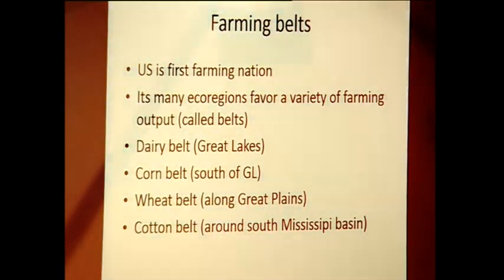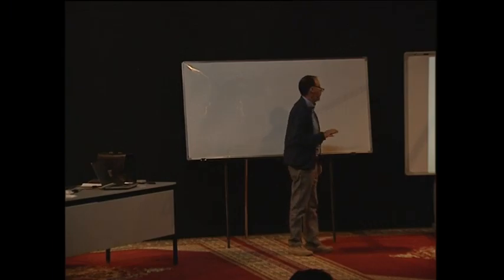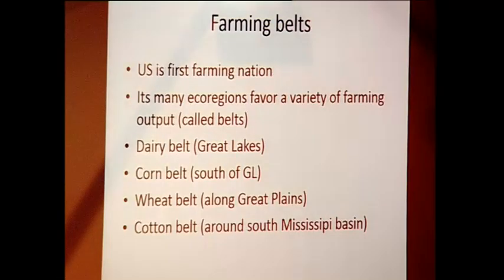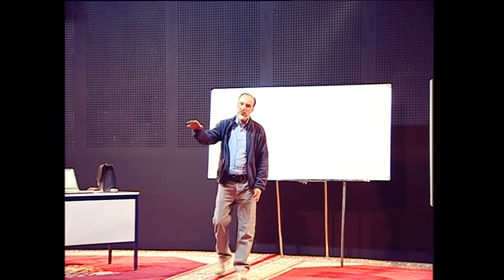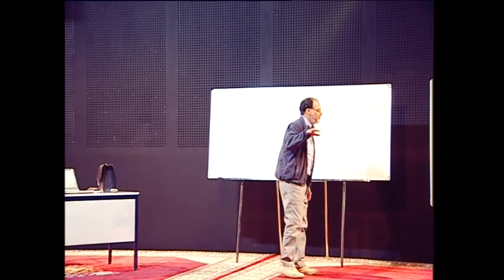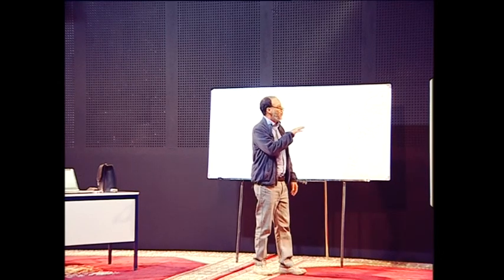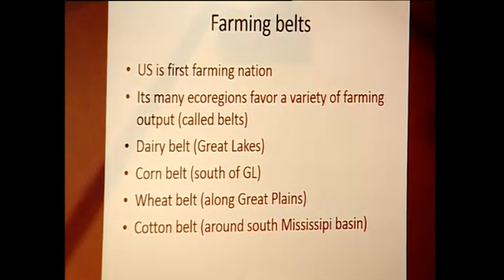Now farming, okay? The US is the first farming nation in the world. They produce more food than any other nation. It has many eco-regions, as we've seen earlier. We have the mountains, we have the other regions, and the places where farming is practiced in the United States are very large sections of the country.